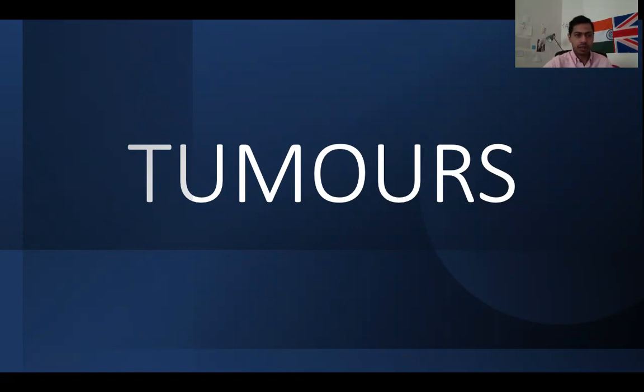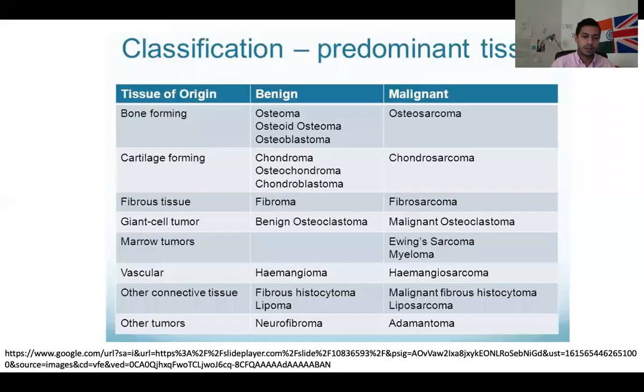So, tumors. Just before I start off, the tumors that I'm going to mention are predominantly primary tumors of the bones, soft tissue, and also adipose, fat, and muscle as well.